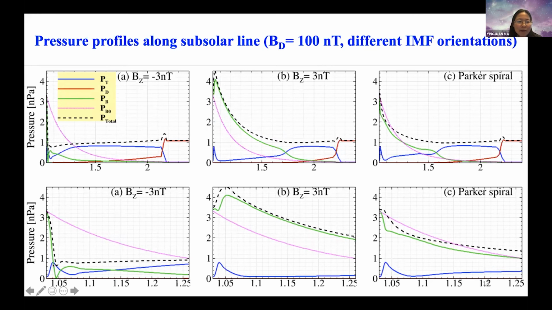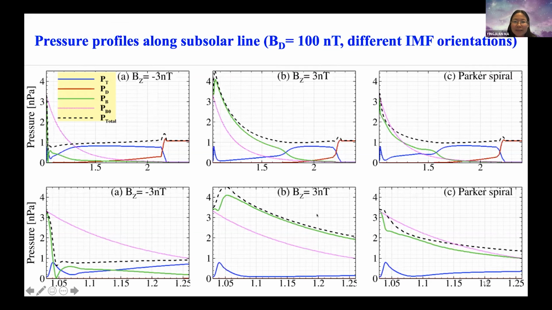For southward IMF, because of the reconnection, the region dominated by planetary magnetic field is limited to this very small region, while for northward IMF and Parker spiral, the induced field is on top of the planetary magnetic field. So they enhance the magnetic pressure very close to the planet.